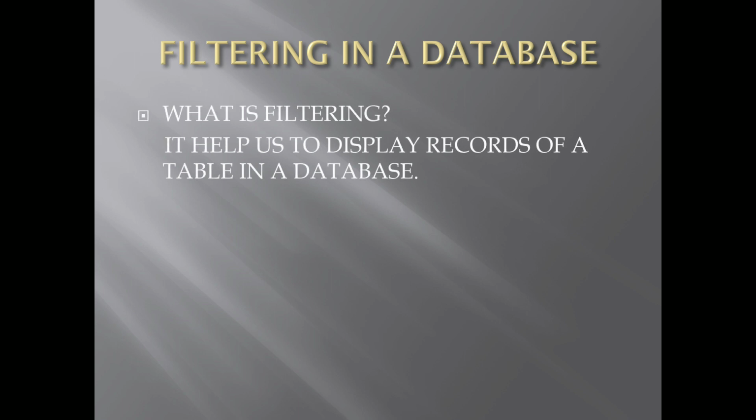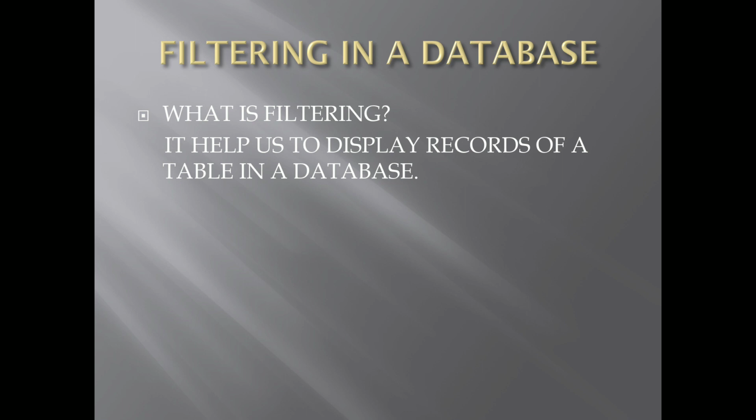It helps us to display records of a table in a database. For example, when you do online shopping, take the example of Flipkart. Like you select a brand, no? For example, say Puma, Nike, Adidas. So you go to the filter option in the shopping and you select those brands. Only those brands will be visible when you are doing shopping.